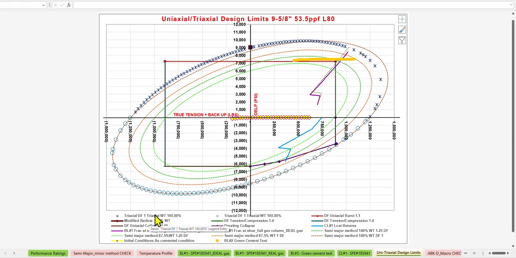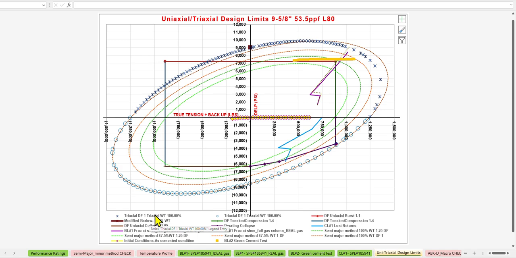If you take a 1.1 design factor on the uniaxial burst with its 7.5% allowance, then it is pretty much equal to a 1.25 triaxial design factor.